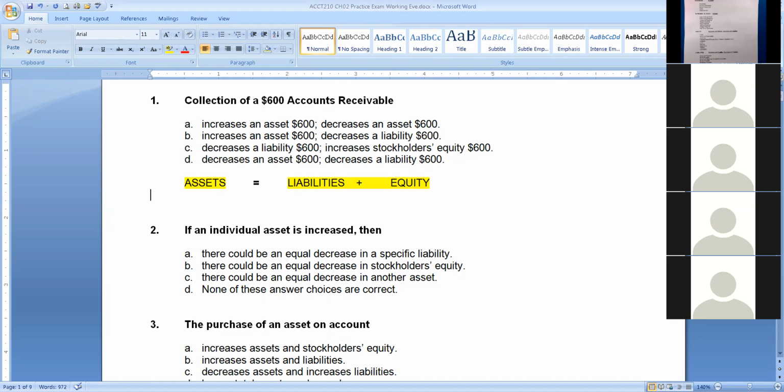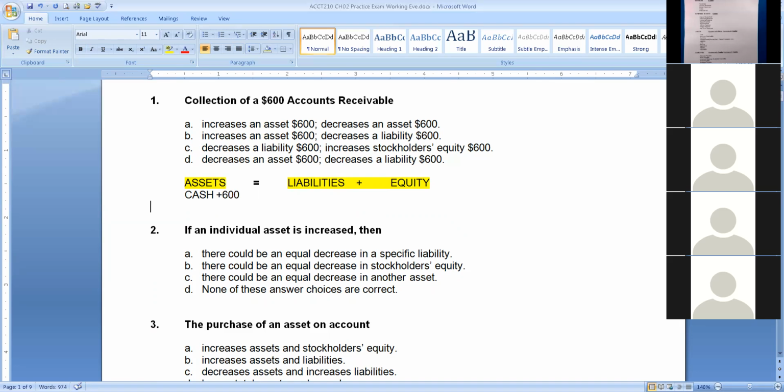You collected cash, right? So cash is going to be one of them. Is the cash going up or down? Cash is going up. So plus 600.